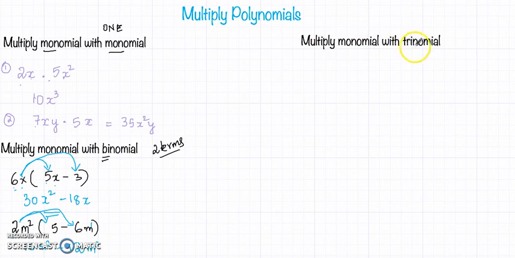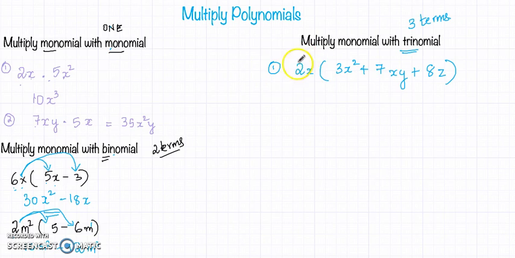Another example, the last type, multiplying a monomial with a trinomial. Now that just means we can take a guess. If monomial is 1, binomial is 2, then tri has to be 3 terms. Okay. So example, 2x times 3x squared plus 7xy plus 8z.